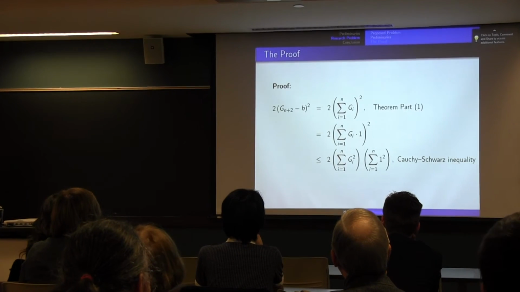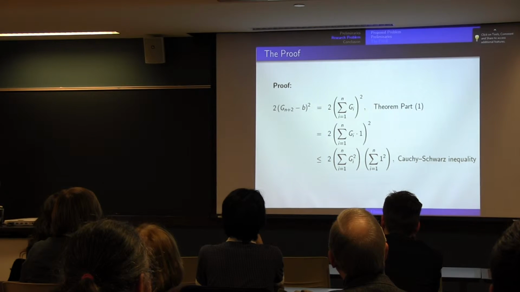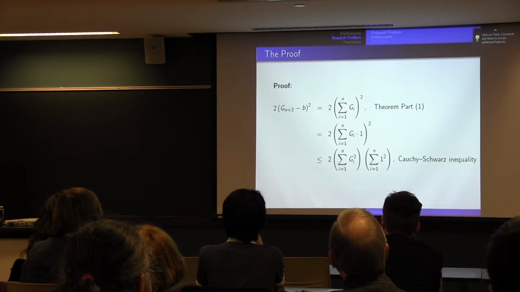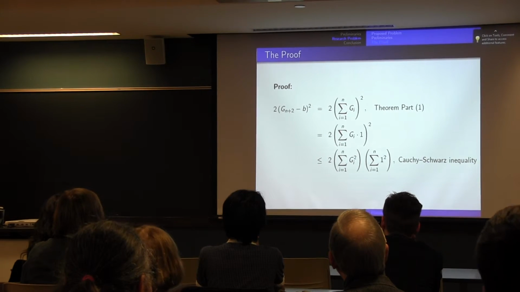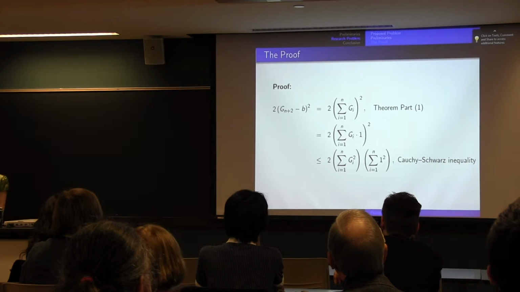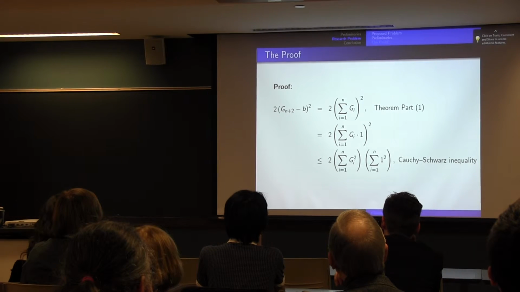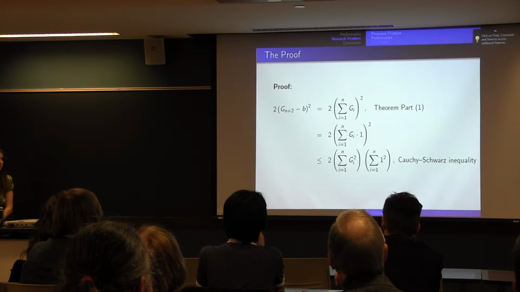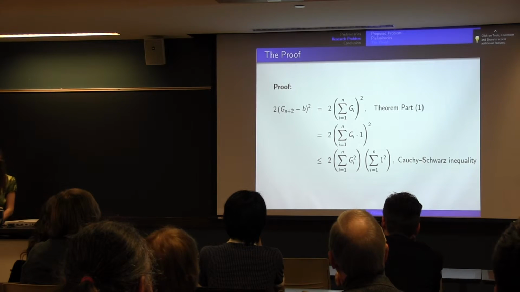If we look at the left-hand side of our equation, we started with 2 times the quantity g sub n plus 2 minus b, squared. That is equal to, using theorem part 1, 2 times the quantity of the summation of i equals 1 to n of g sub i, and that quantity squared. We can say that g sub i is equal to g sub i times 1, because anything times 1 is still that same number.